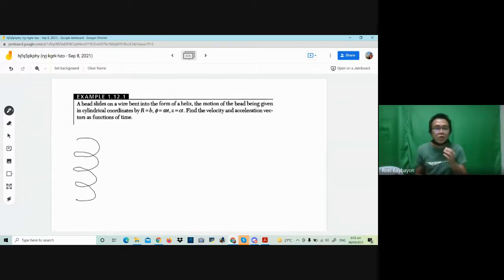Okay? So, as you can see here, the R is fixed or constant, okay? So, ang R is just the radius of this helix. So, R is constant. The radius of this helix is B, okay? Na ako'y given nga R equals B. But night times nga dili constant ang R. For example, a helix siya, pero spiral siya, no?